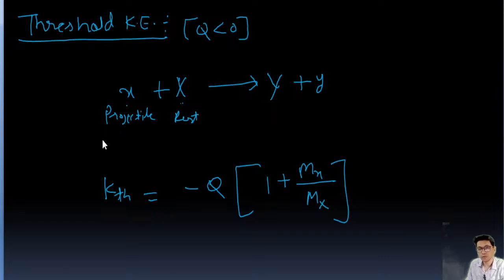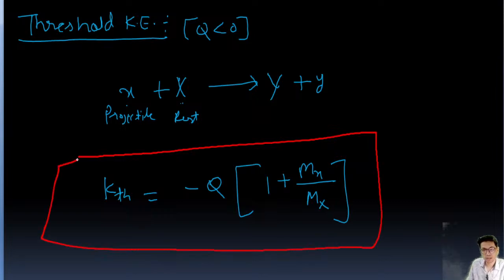Kinetic energy equals minus Q into 1 plus the mass of the projectile upon the mass of the parent nucleus. So this is the answer, the K_th, the threshold kinetic energy.